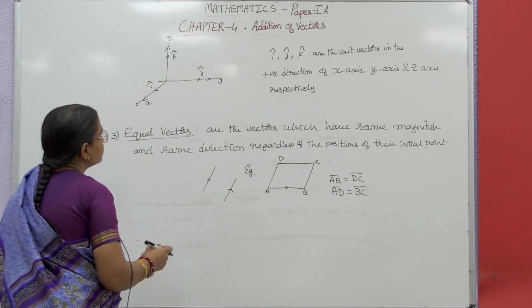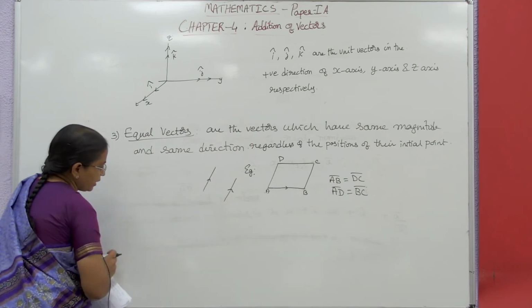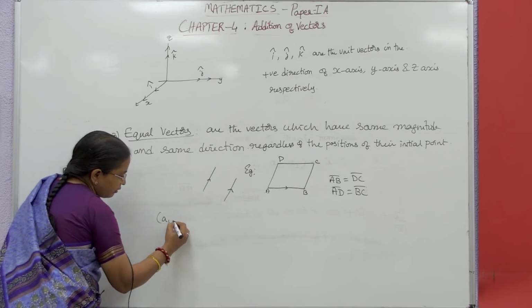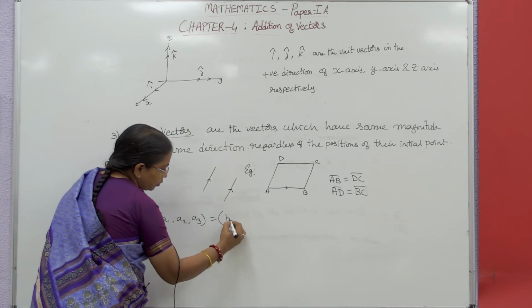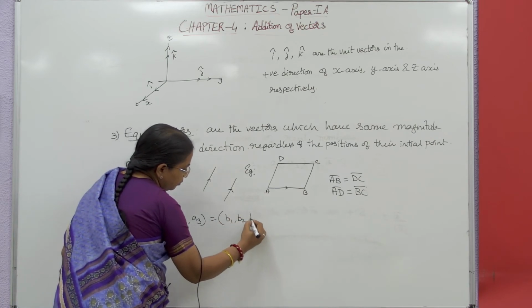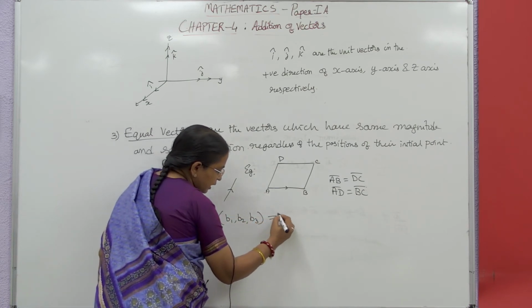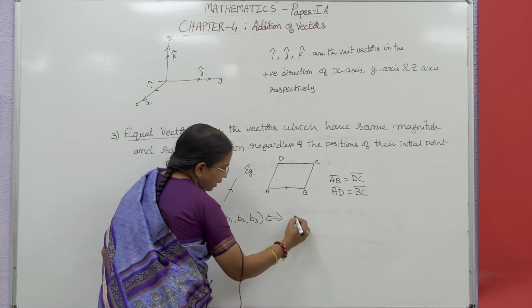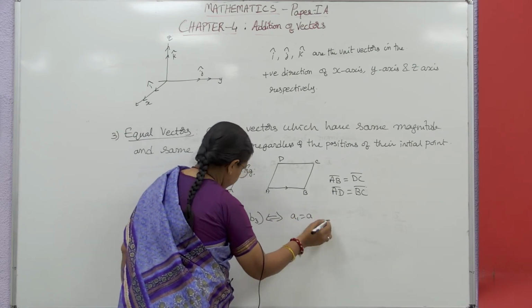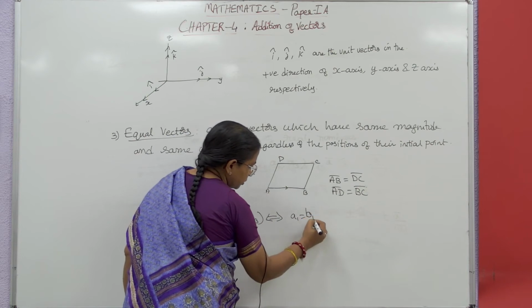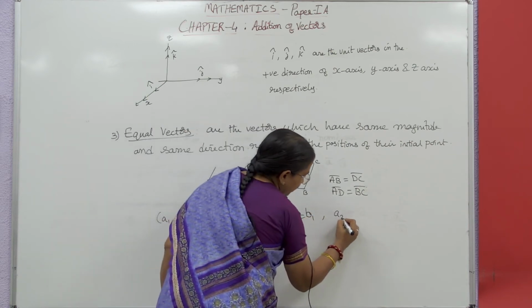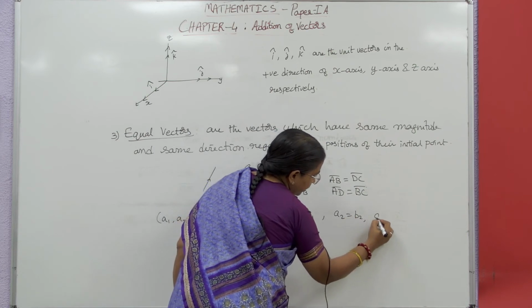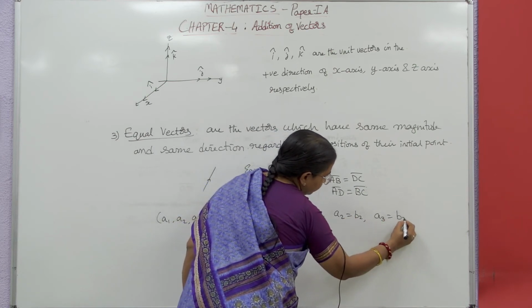Now, in terms of ordered triads, suppose you have vector (A1, A2, A3) equal to vector (B1, B2, B3). Then this implies, and is implied by, A1 equal to B1, the first coordinates being the same, and then A2 equal to B2, and A3 equal to B3.